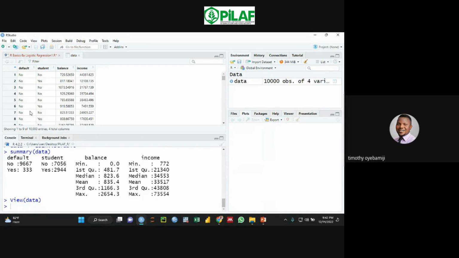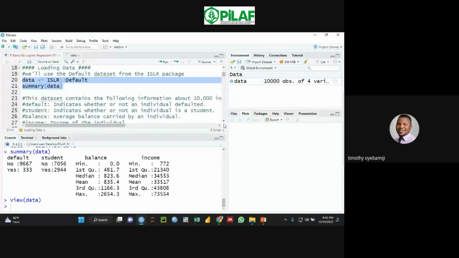Now we have this data. When a customer comes, we are interested in 3 pieces of information about the customer. Is the person a student? What is the person's balance? And what is the person's income? If we know these 3, we will be able to predict whether the person will default or is the type that would comply with their payment obligations.